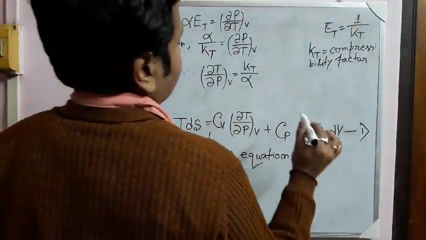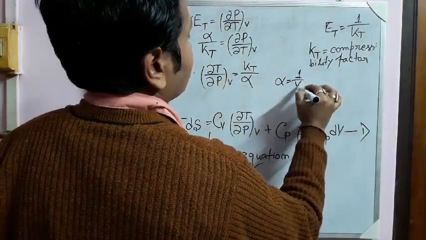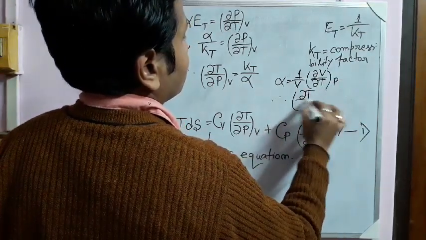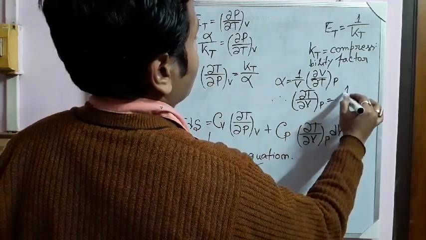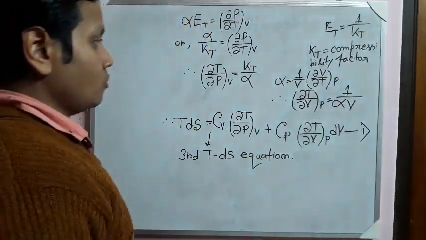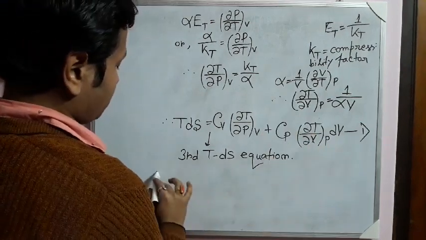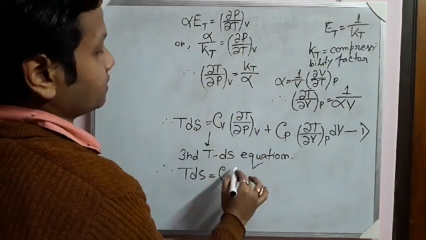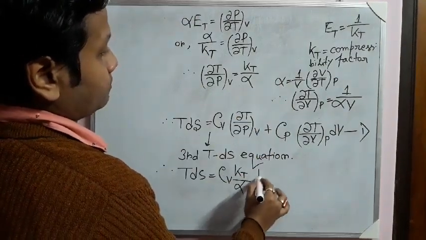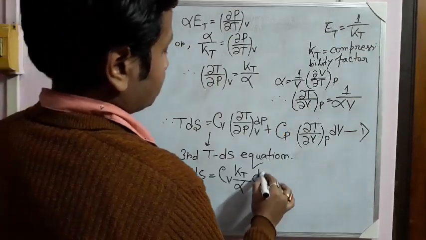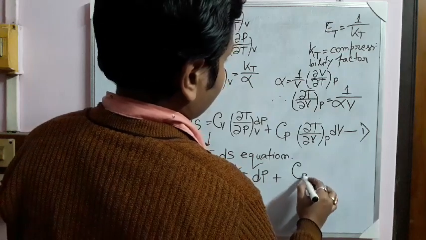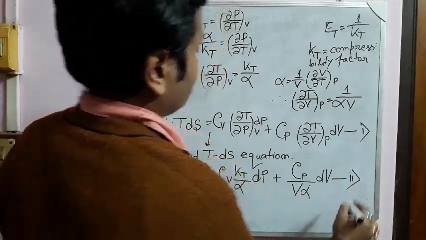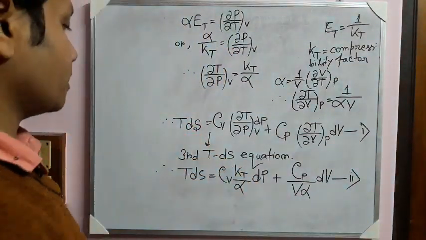And we all know that alpha is 1 upon V del V del T at constant pressure. So del T del V at constant pressure can be written as 1 upon alpha V. Now if you substitute these values, you get TdS equals Cv KT upon alpha dP plus Cp 1 by V alpha dV. So this represents the other form of the third TdS equation.